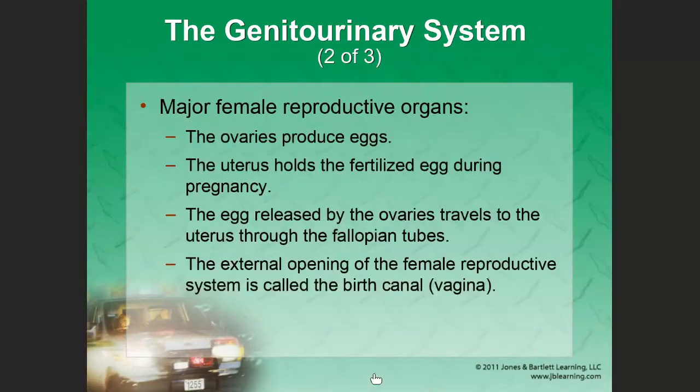The major female reproductive organs include the ovaries, which produce the eggs, and the uterus, which holds the fertilized egg during pregnancy. The egg is released by the ovaries and travels to the uterus through the fallopian tubes. The external opening of the female reproductive system is referred to as the birth canal or the vagina.